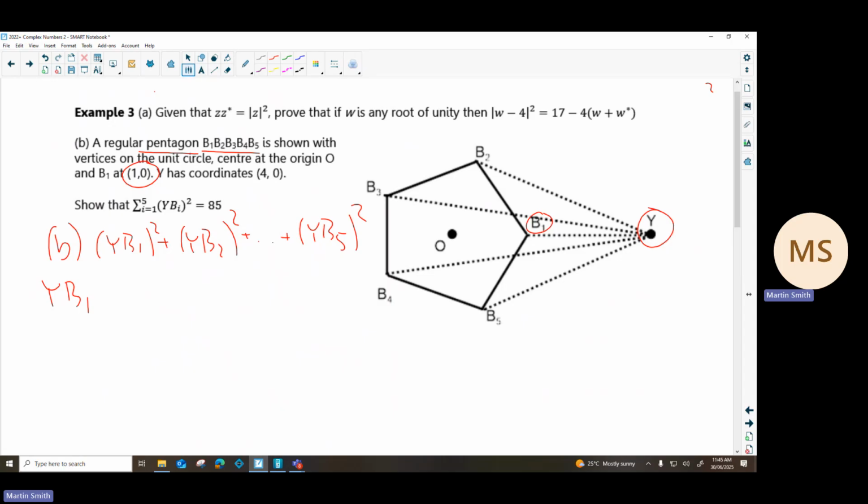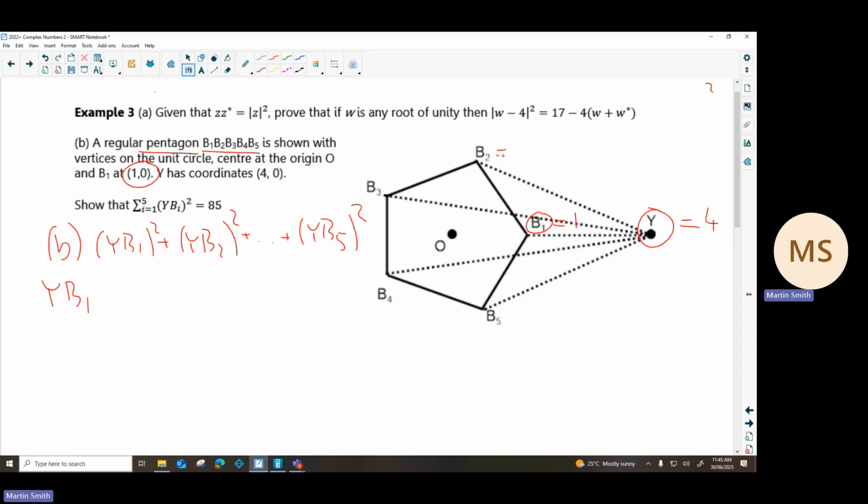Now what I'm going to do is convert this expression into an expression involving the moduli of complex numbers. Each of these points on the pentagon can be represented by a complex number. Because B1 is the point (1, 0), B1 is the complex number 1. And because Y is the point (4, 0) on an Argand diagram, Y is the complex number 4. And then I'm going to have other complex numbers at B2 and B3 and so on.